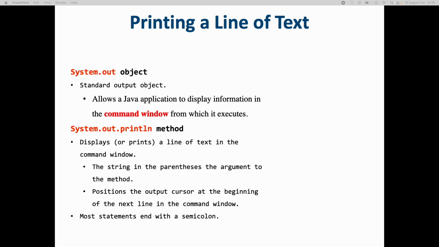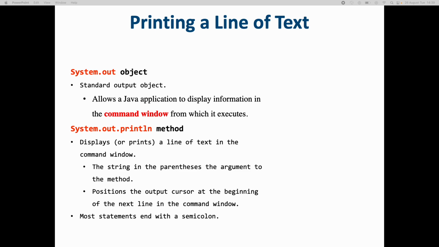Python also has its own print function, but there are some little differences. You can put a string in it, or you can put a number in it immediately without changing it to a string. System.out.println will work, but usually we use it to print messages.